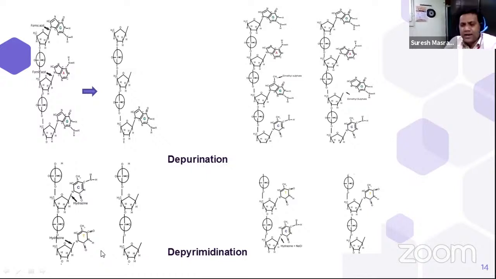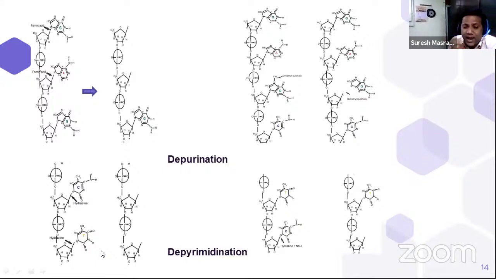Thus, if we add hydrazine in the reaction mixture where we put the single-stranded DNA, it would manage to separate out both types of pyrimidine, cytosine and thymine.